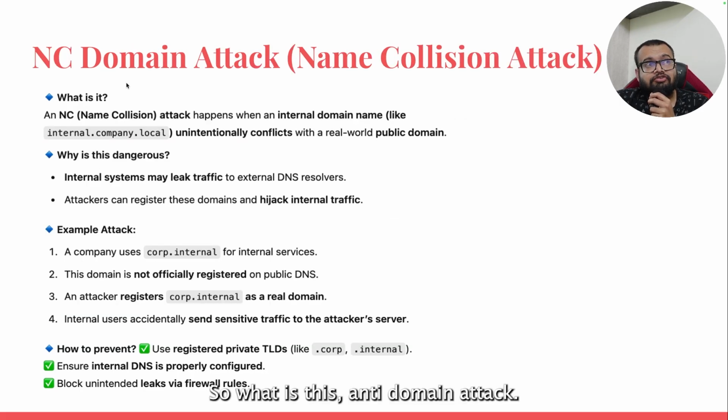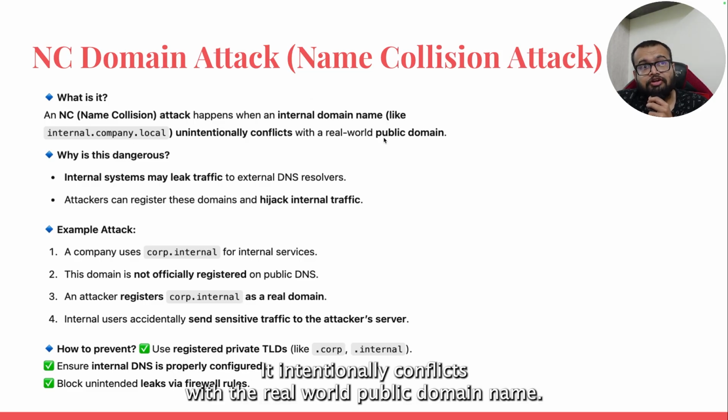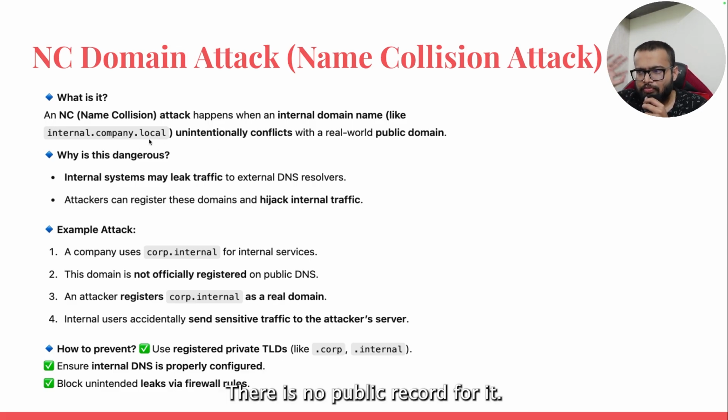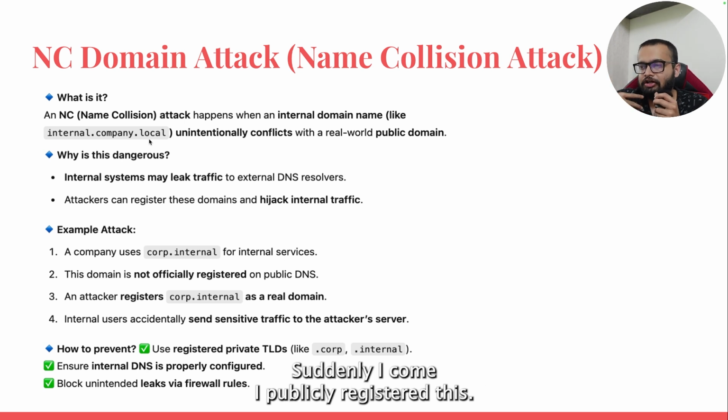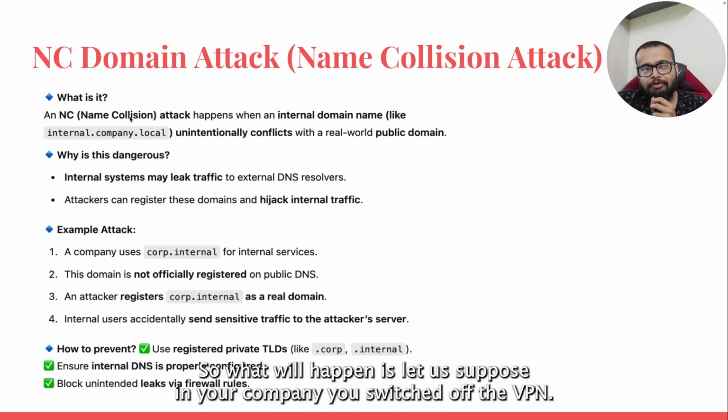So what is this name collision attack? It happens when an internal domain name conflicts with a real-world public domain name. Let us suppose in your company, this is a domain name used only internally. There is no public record for it. Suddenly, I publicly register it. Then, suppose in your company you switch off the VPN.